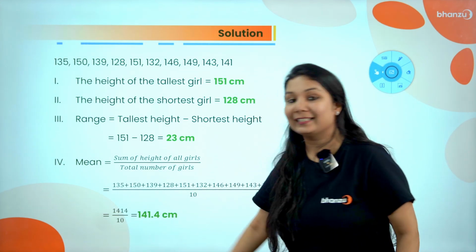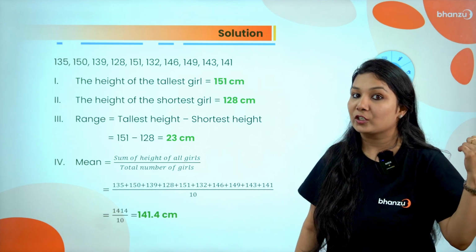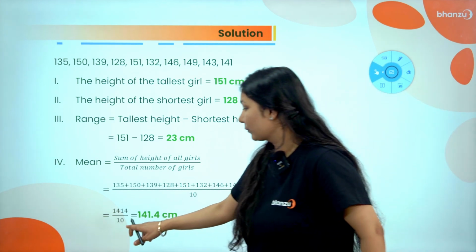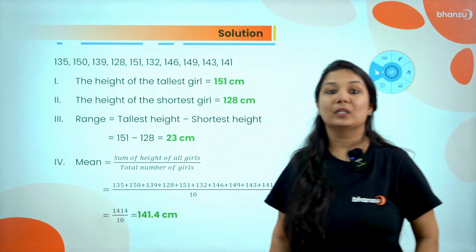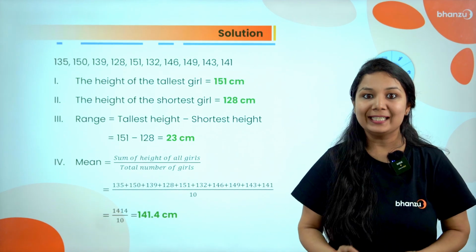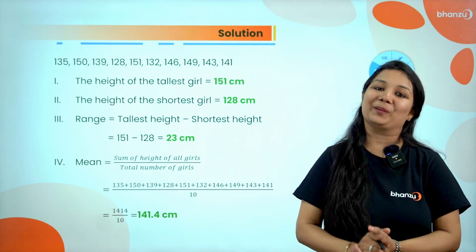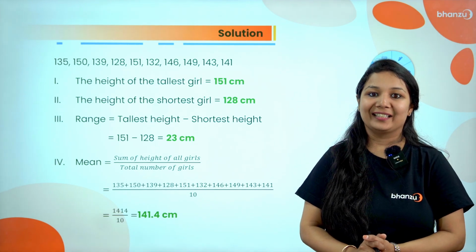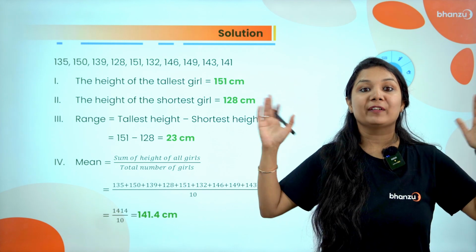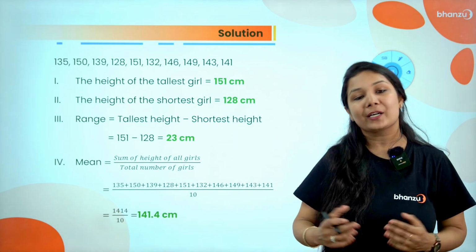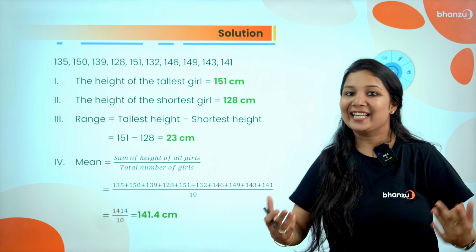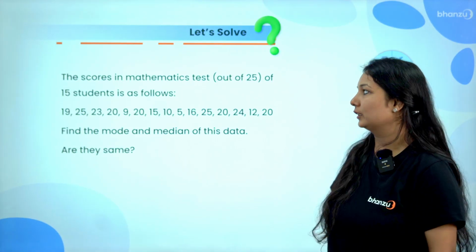Because there is a 10, remember we had done this in division of fractions. For 10, we shift the decimal towards the left once. So the mean height is 141.4 centimeters. So this is how we solve a question when data is given and you can answer different parts of it. So let's move ahead and see the next question for the day.